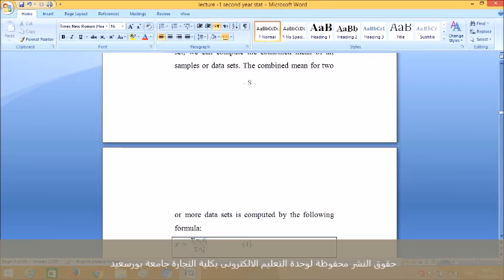So if you want to compare the weighted mean with the combined mean, you can consider ni here as the weights, ni means wi. Instead of wi, put ni, sigma ni multiplied by x bar i divided by sigma ni. So instead of w, use n in the case of combined mean, right?